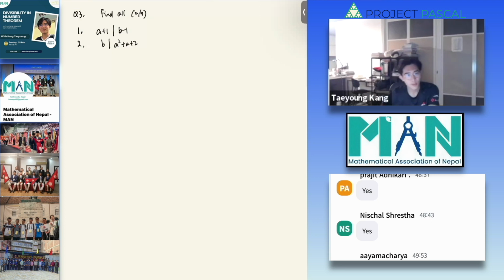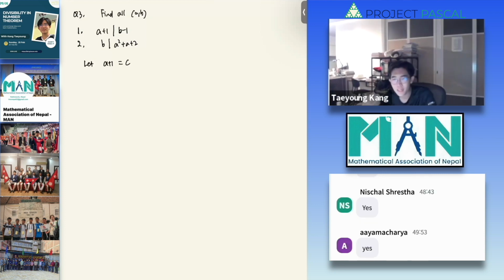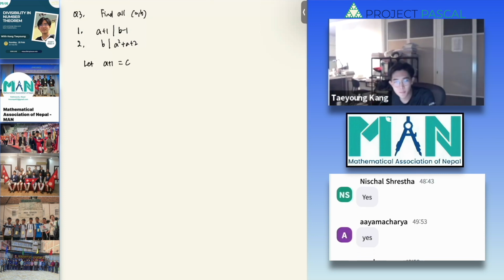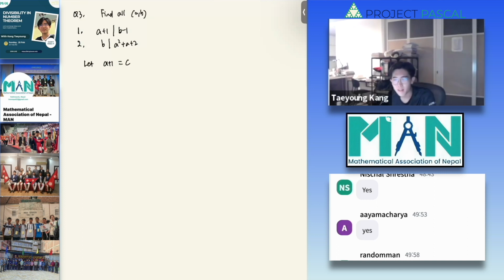But before we start doing that, one thing that we might want to think of doing is letting A plus 1 go to C. You don't really have to do it, but it's easier to work with and manipulate, because you want the divisor on the left hand side to be some nice expression so that you can manipulate it more easily later on.